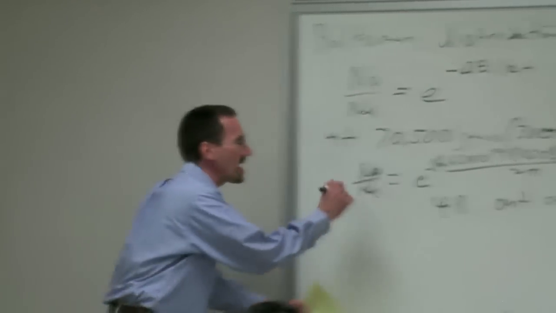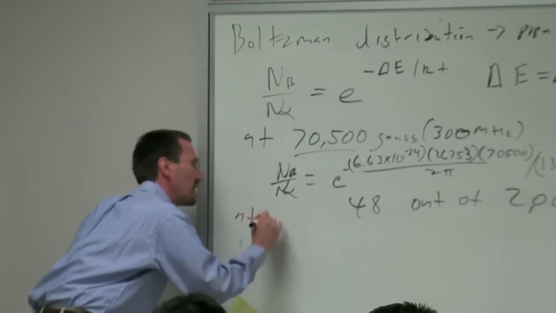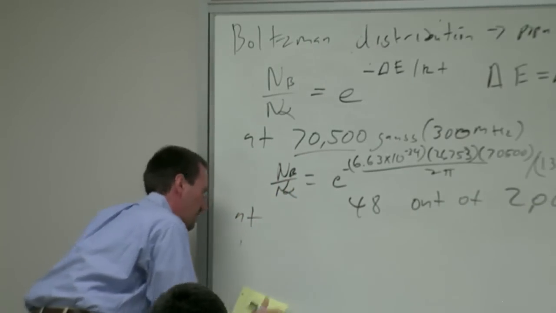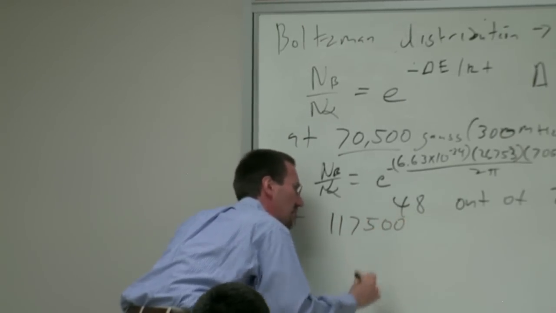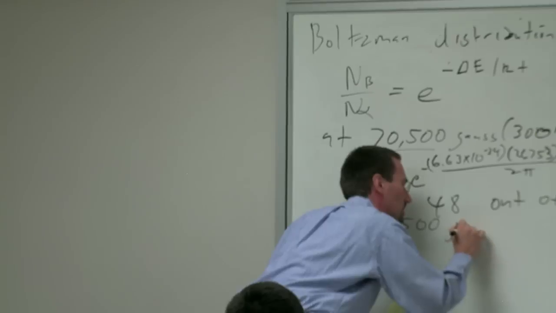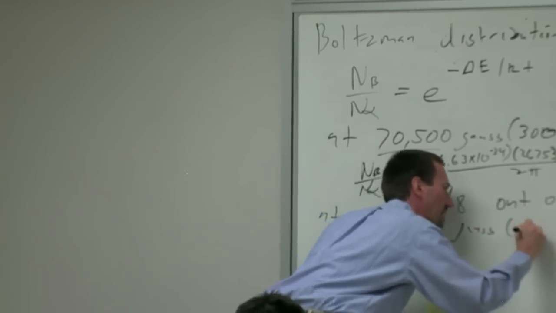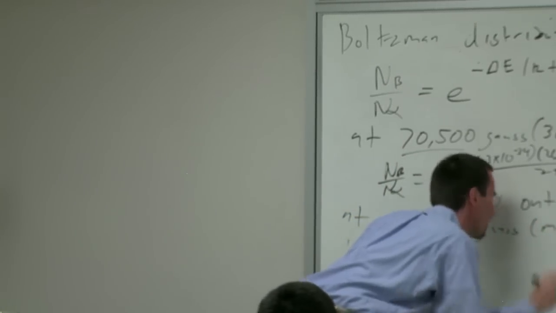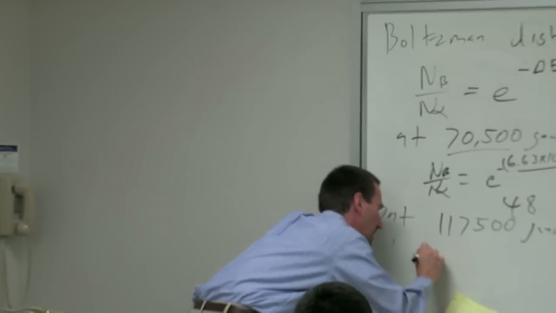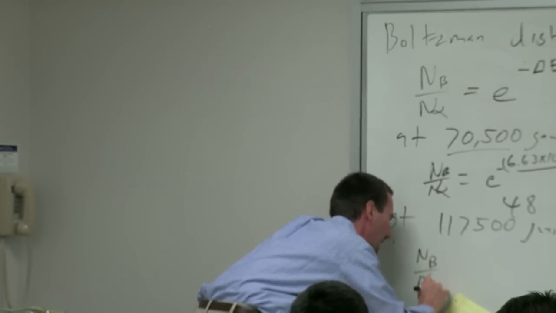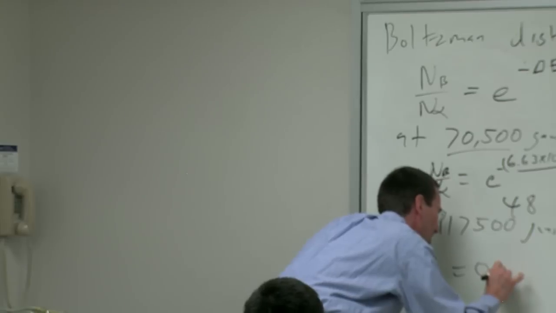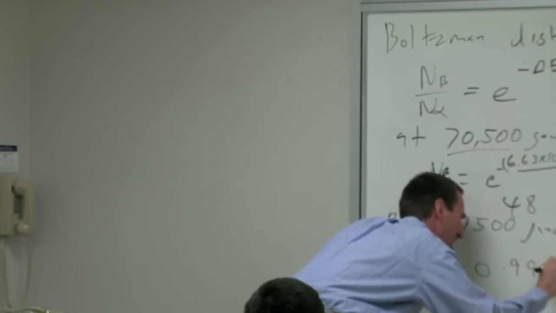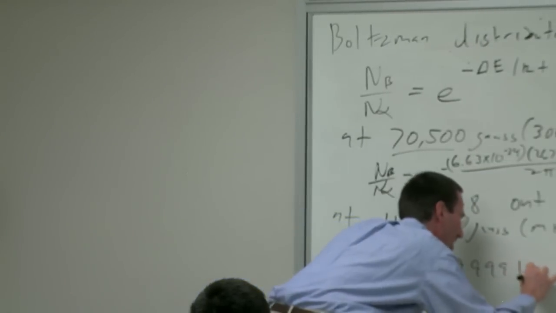If we apply a higher magnetic field, it only gets linearly or almost linearly better. At 117,500 Gauss, remember that's our 500 megahertz, then we only get to an N beta over N alpha, in other words, a relative population of 0.99919.